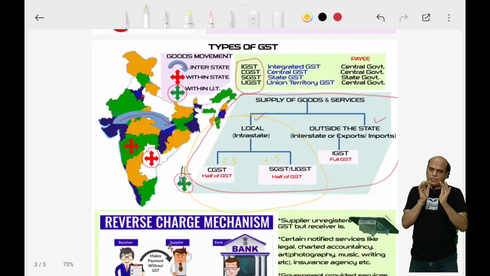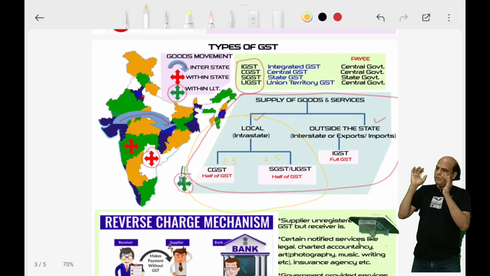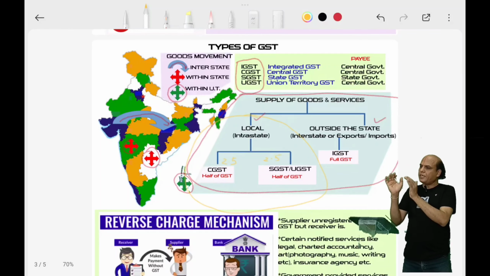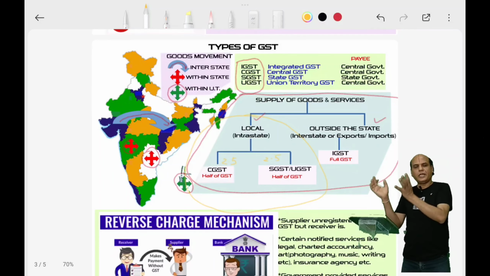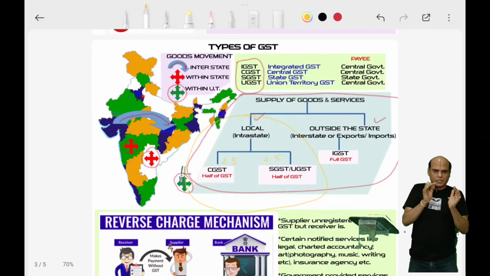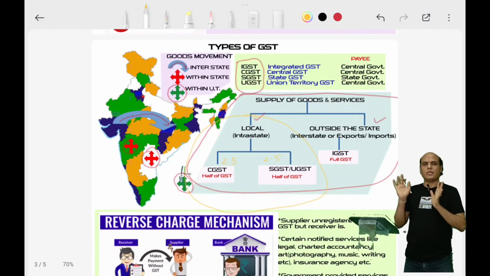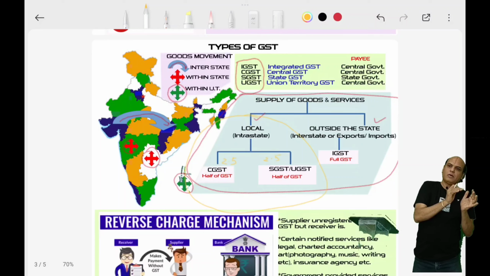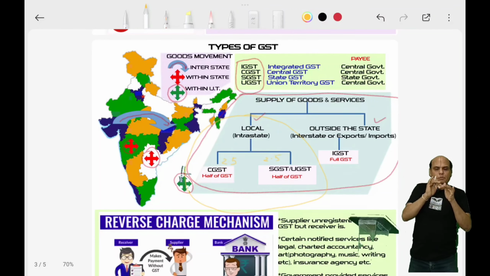So half of that GST has to be paid to the central government. Let it be the movement of goods within union territory or within a state, among any of the 28 states or among any of the 8 territories. Whenever a GST is paid, half of the GST has to be paid to the central government. Another half will go to the state government or union territory if the movement is within the state boundary or within the union territory boundary.